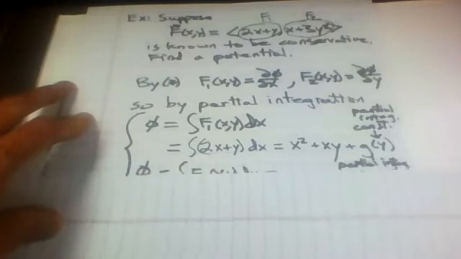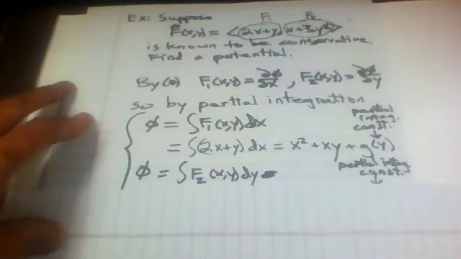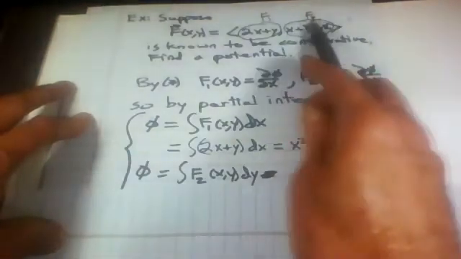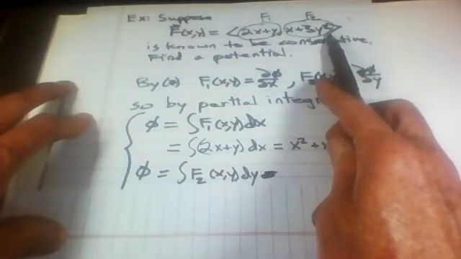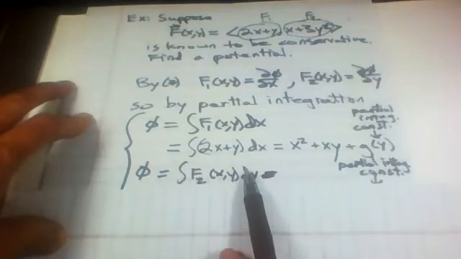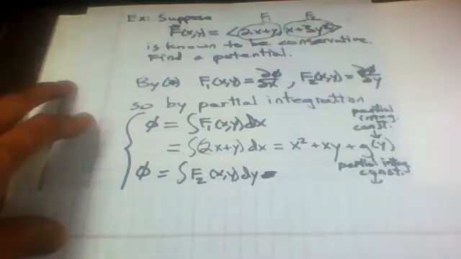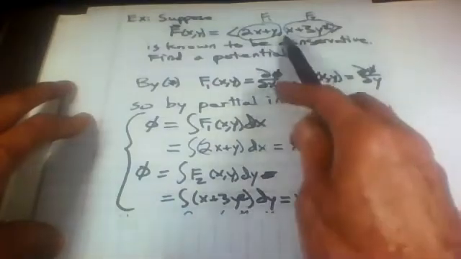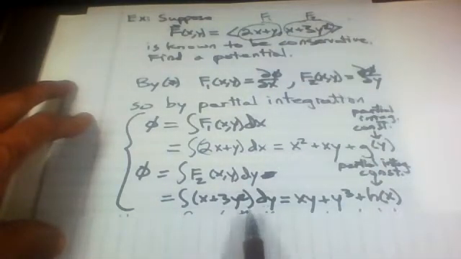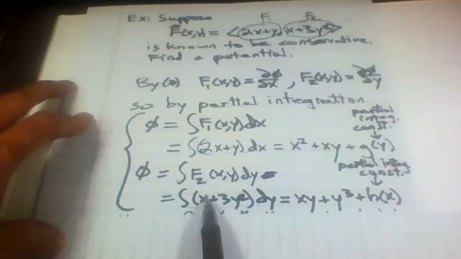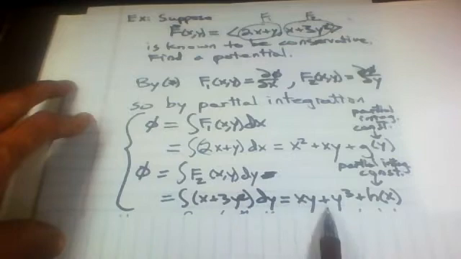But I also know that phi is the partial integral of the second component, here x plus 3y squared, with respect to y. So I take the partial integral of that with respect to y, and I can also recover phi. Now I treat x as a constant. The integral of x with respect to y is just xy.